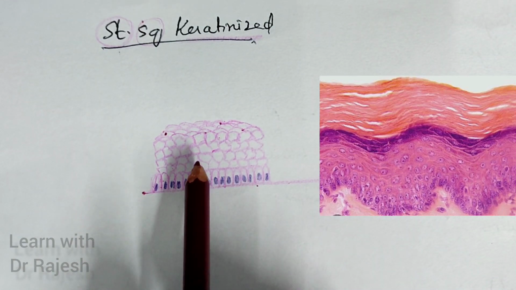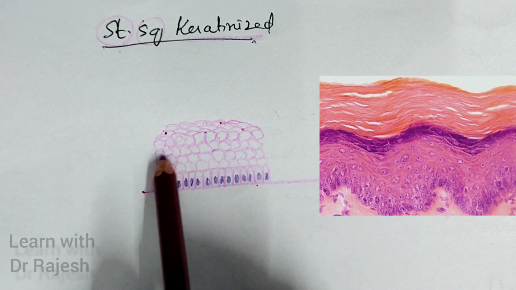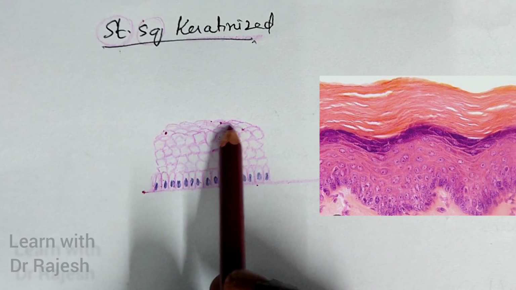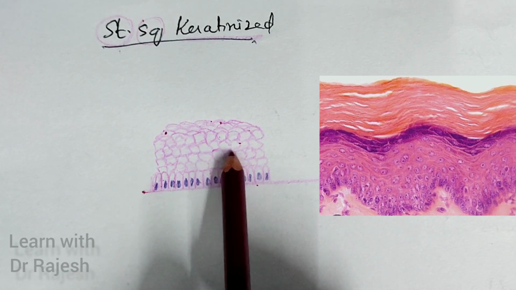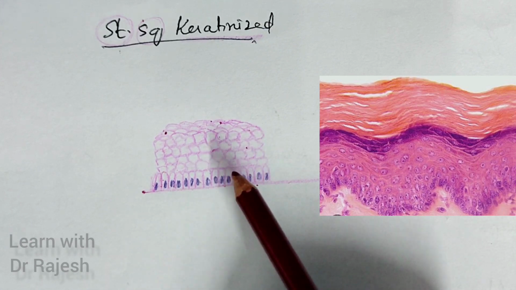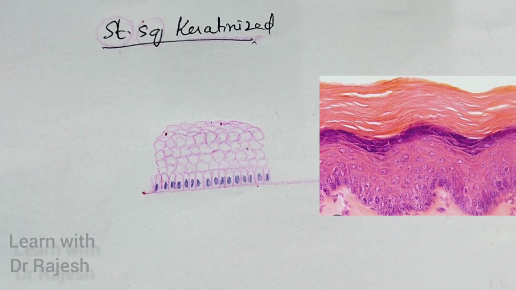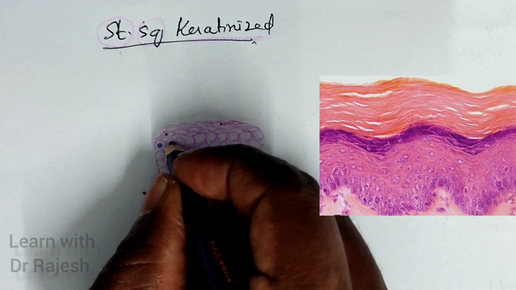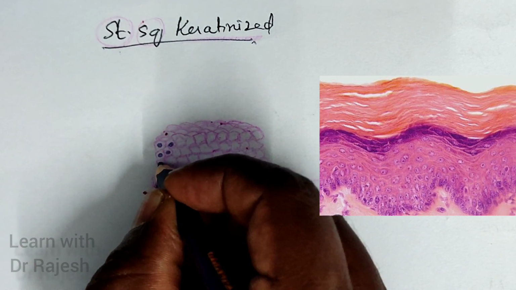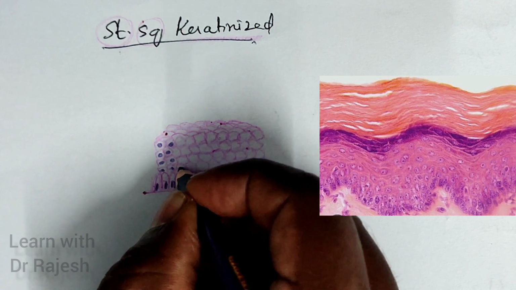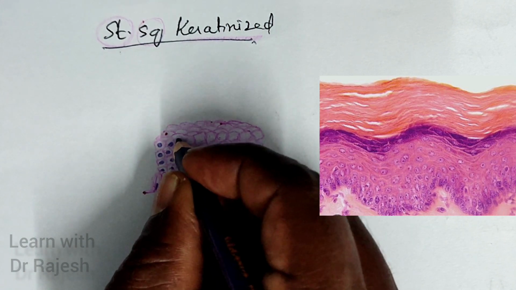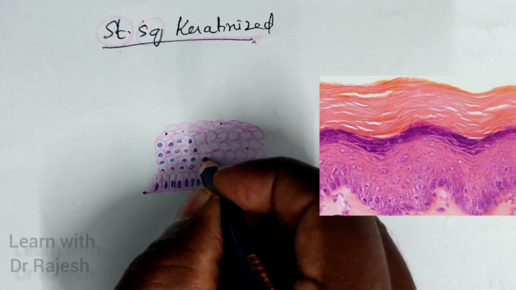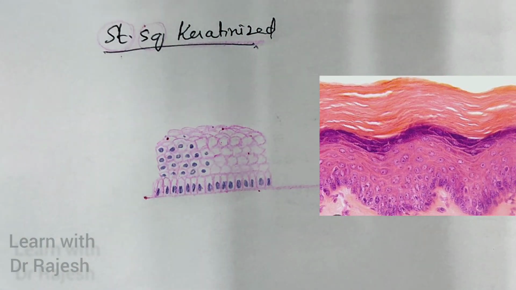Now what we can do is we can just shade the cytoplasm for all the cells just like this. Next we can mark the nucleus. For the polygonal cells, we have to draw the rounded nucleus at the center. So this is how we draw the nucleus of polygonal cell.